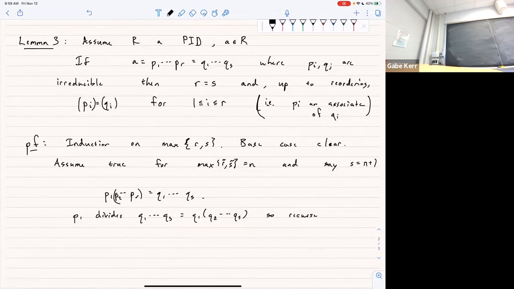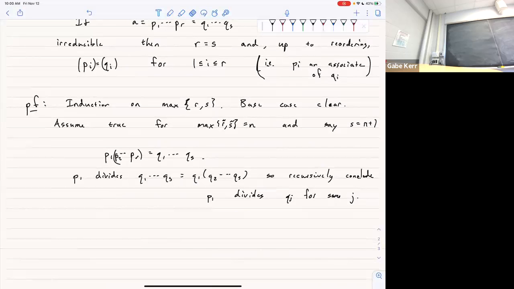Recursion is like the opposite of induction. Go down. Recursively we conclude P1 divides Qj for some j. This is because of what we worked hard to show, that irreducibles are prime.